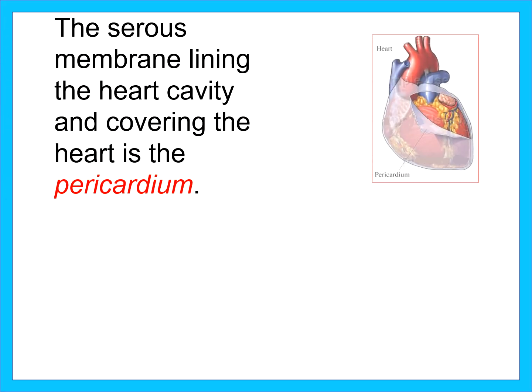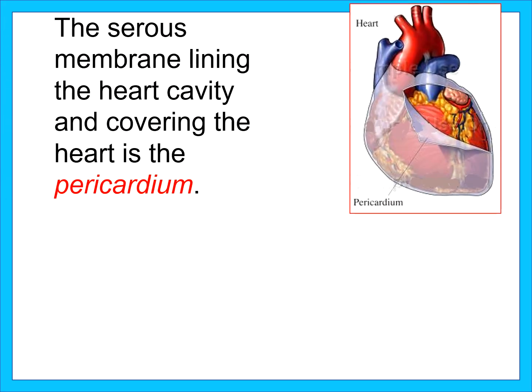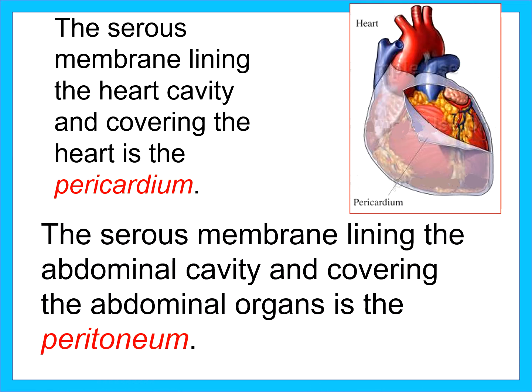The serous membrane lining and covering the heart is the same way. It's called the pericardium, right? Peri means around, cardia is heart. So this is a serous membrane that will line the pericardium and line the heart.